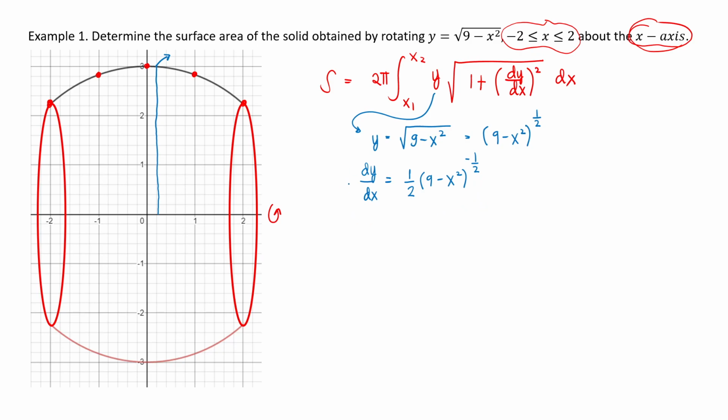Then getting the square of dy over dx, if we create this in radical expression, okay, that's wrong.